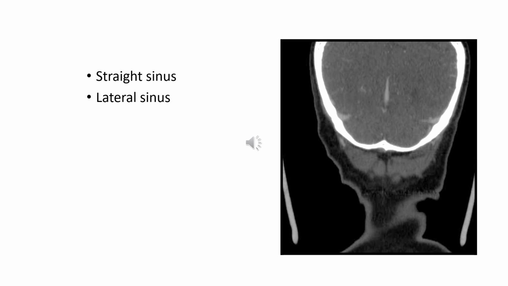So this is the sinus running at the junction of the falx cerebri and the tentorium cerebelli, and is going to drain the inferior sagittal sinus and also some of the deep veins, the great vein of Galen, from the deep structures of the brain itself. We can also see the lateral or transverse sinuses running in the reflections of the tentorium cerebelli laterally.